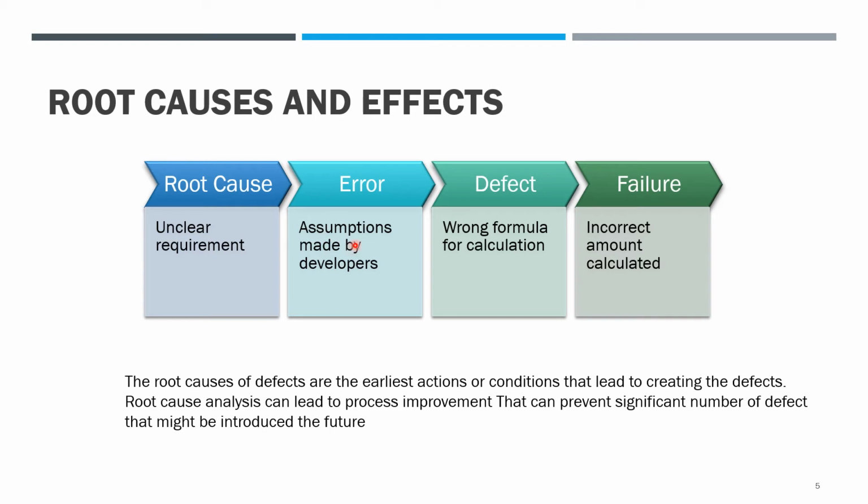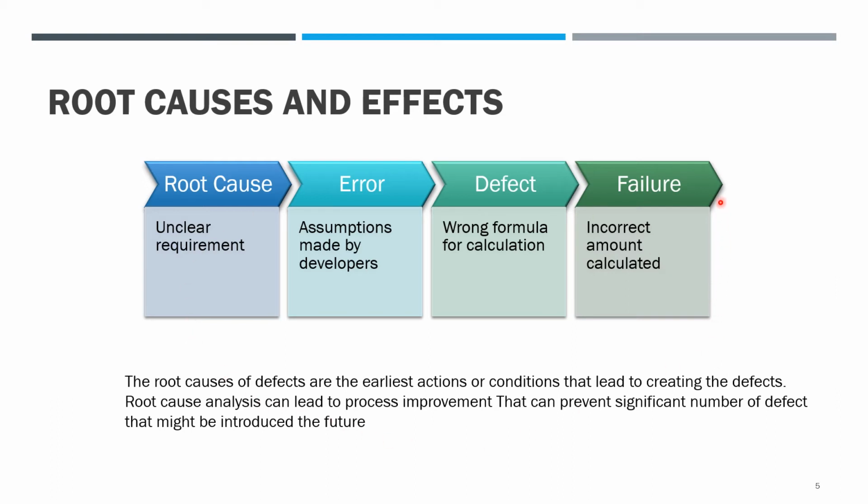That developer might assume this might be the formula, maybe because you have done a similar kind of system before, and the actual cause is the unclear requirement written earlier, before the development happened. So that's how we go about tackling errors or failure in the system.